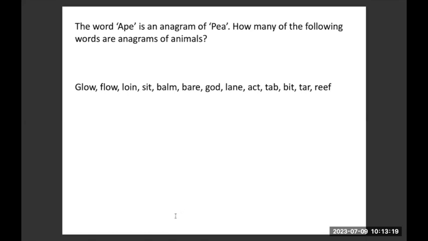All right. Chalo, let's do this, okay? First is flow. Flow, glow, I said there's nothing. Flow, we discussed. Flow will come to wolf. Loin will come to lion.